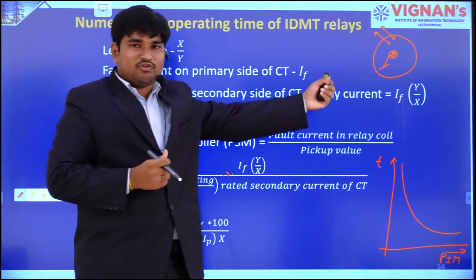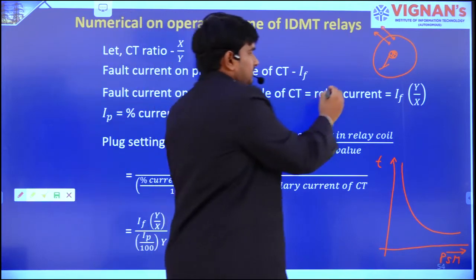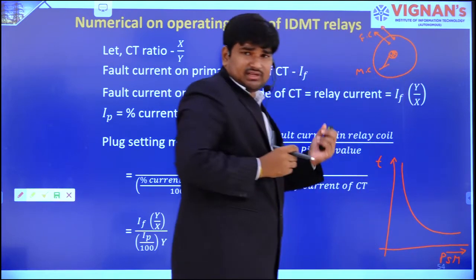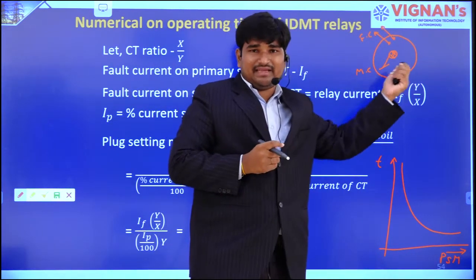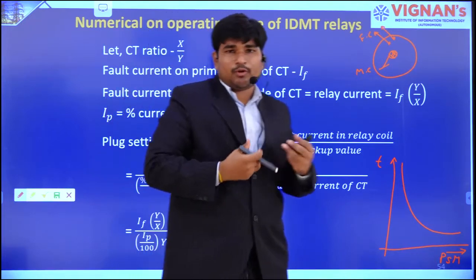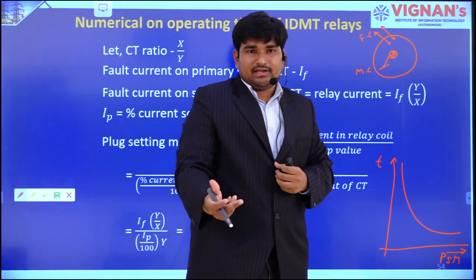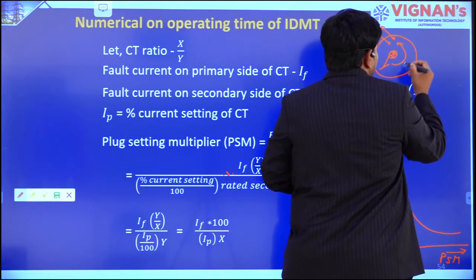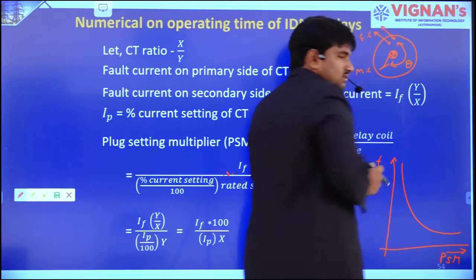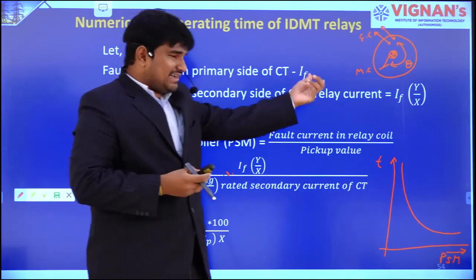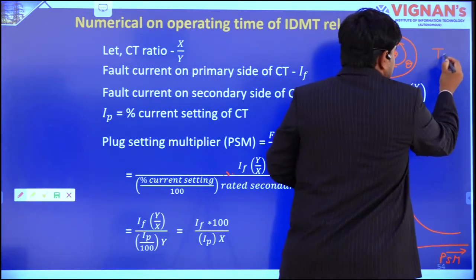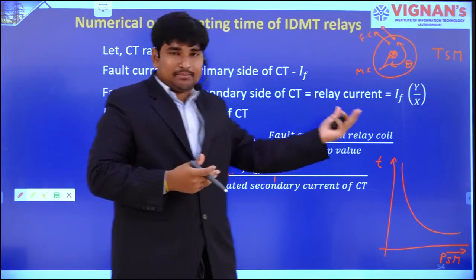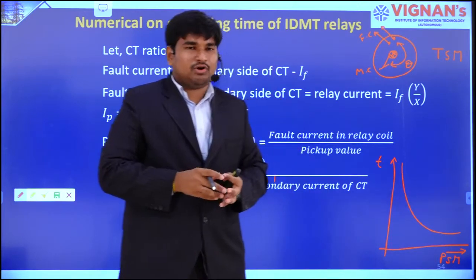The placement of the moving contact is in our hands, so we can adjust this angle theta between the fixed contact and the moving contact. That is the time setting, or time multiplier setting. It can be denoted in both ways, right?